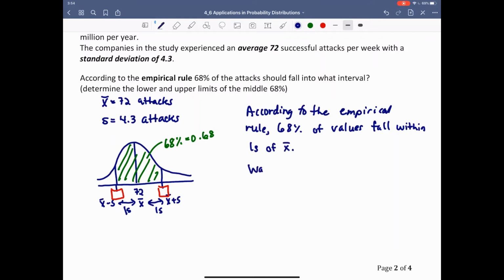Okay, so we want x bar plus or minus 1 standard deviation, so 72 plus or minus 4.3 attacks, which gives us a lower bound of 67.7 and an upper bound of 76.3.